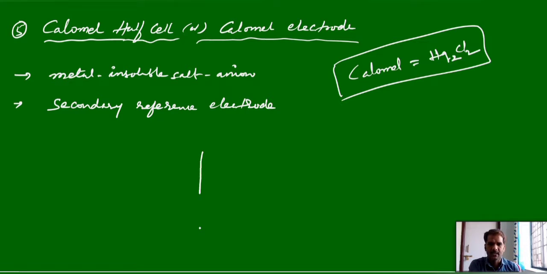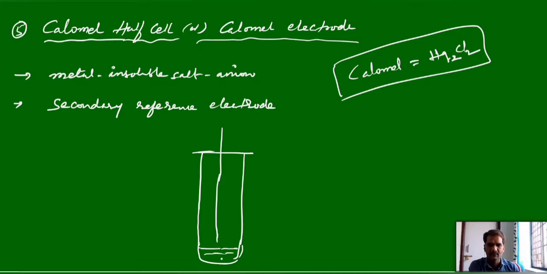We dip one platinum wire, the platinum electrode, in the mercury. At the bottom of this cell, we take liquid mercury, Hg.